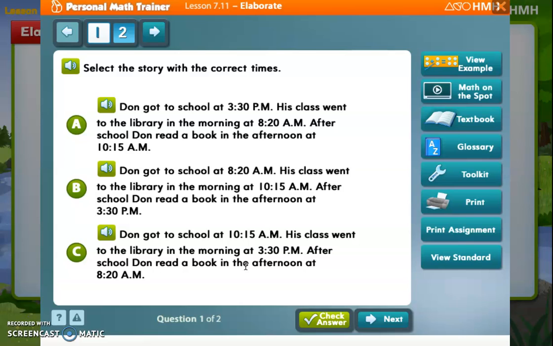So he couldn't have gone to the library in the morning at 3:30 p.m., because PM does not mean morning. So that one doesn't work. After school, Don read a book in the afternoon at 8:20 a.m. Kind of the same thing. Afternoon would be PM, and this one says 8:20 a.m. So that one doesn't make sense either. So the best option that we could pick from is B.